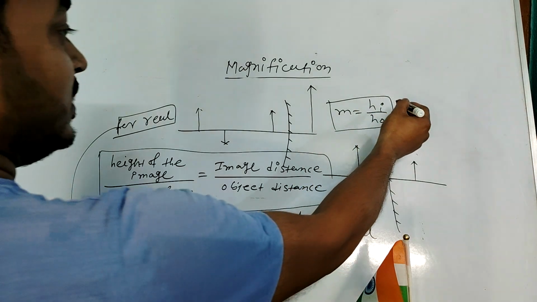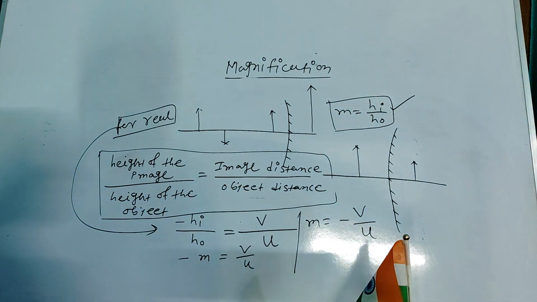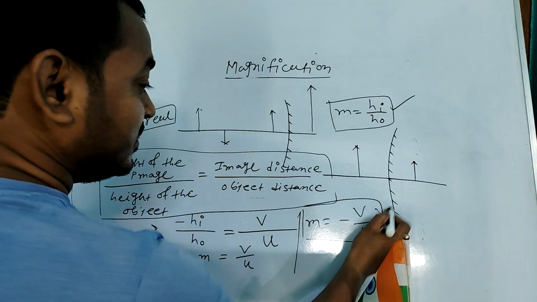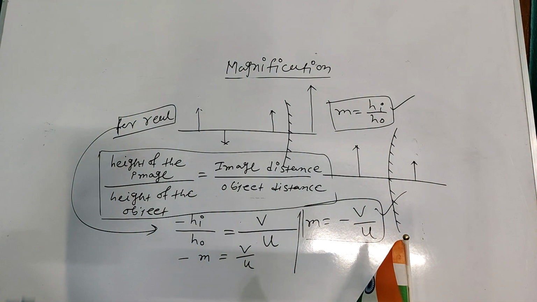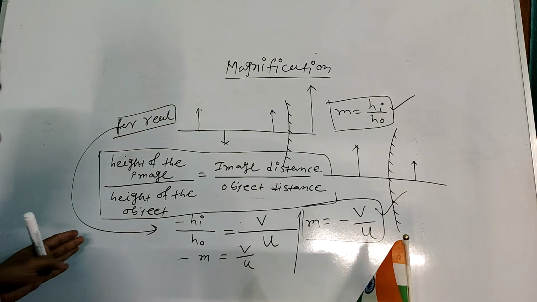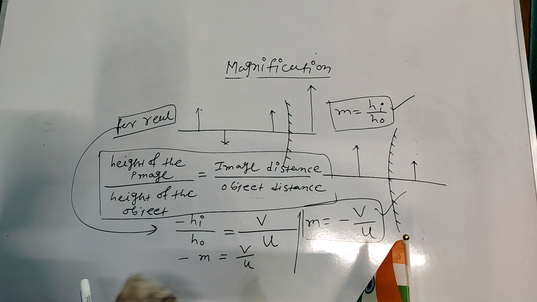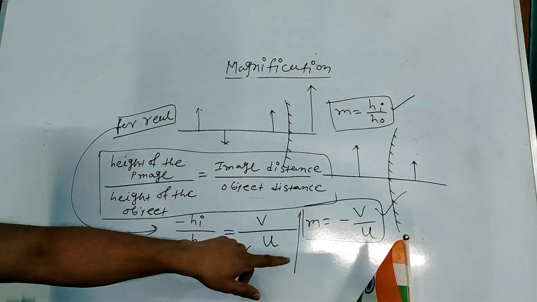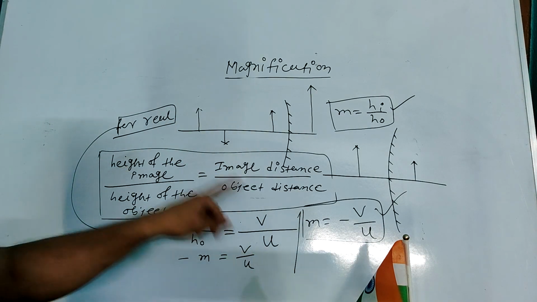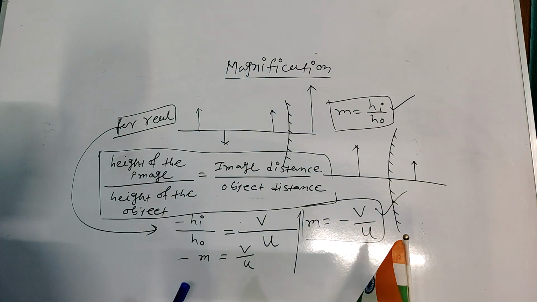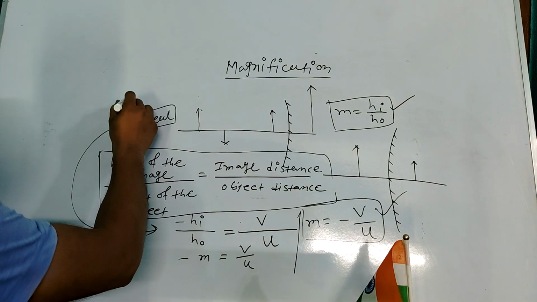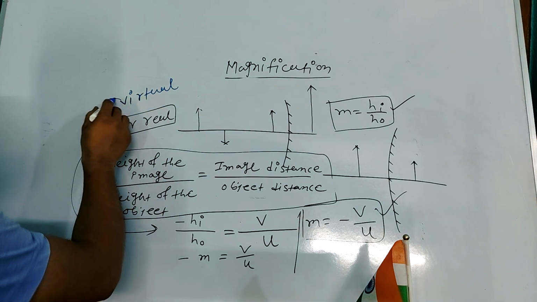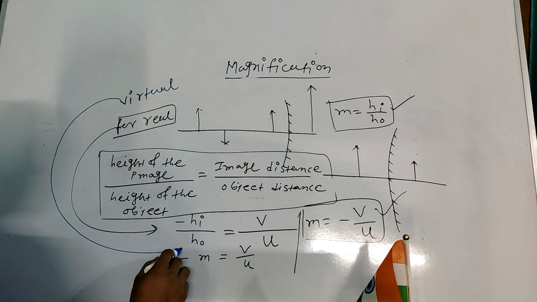Okay, so we have one formula for magnification, height of the image by height of the object, and another one, magnification is minus v by u. So let's remember, magnification is minus v by u. If I use the virtual case, this is what we have to write.